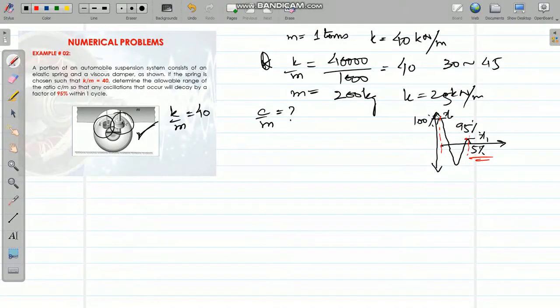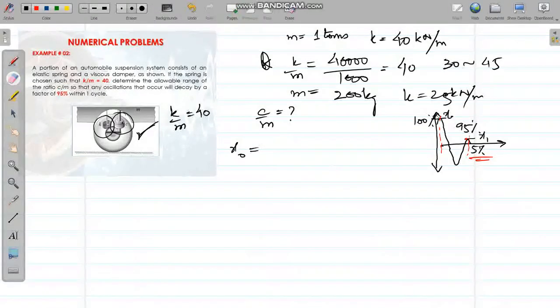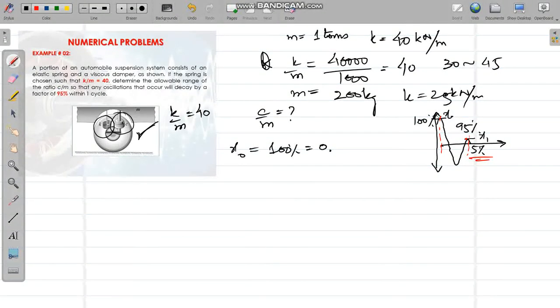So x0 is 100%, which you take numerically as 1, and x1, the amplitude of the next cycle, is 100 minus 95, which is 5%, and this can be written as 0.05.